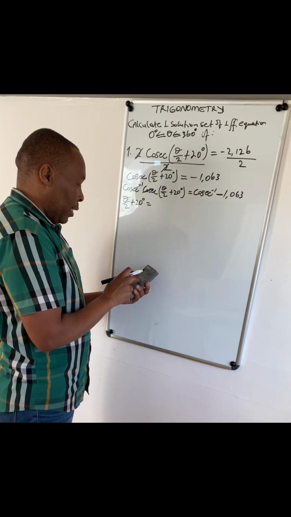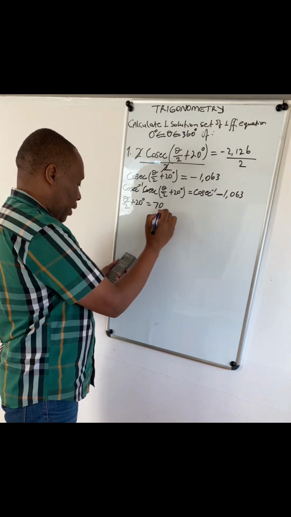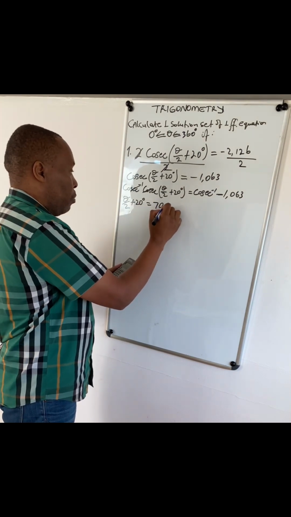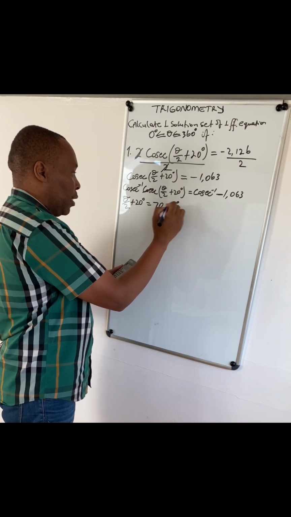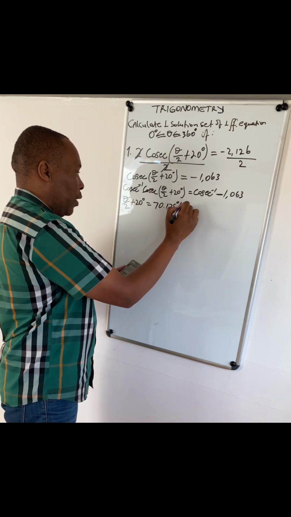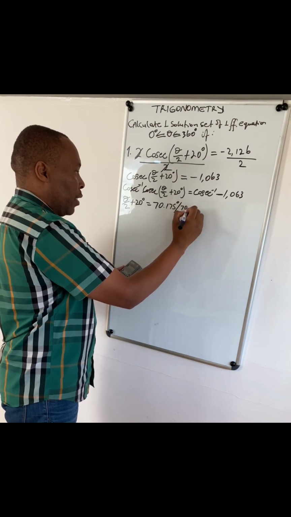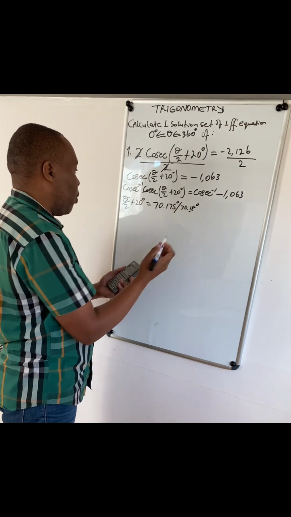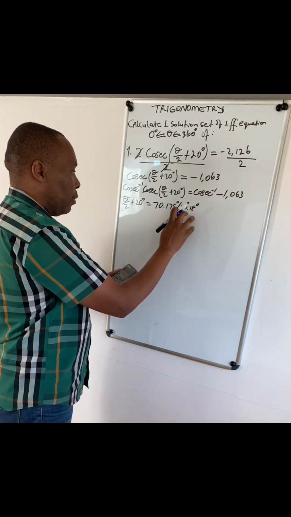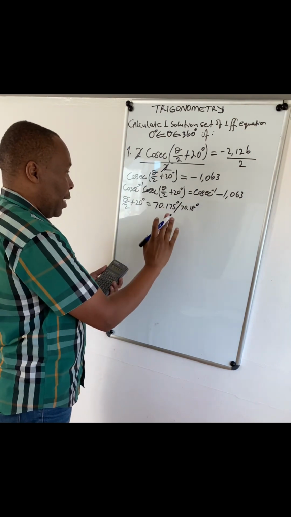We press sine, we get 70.175 degrees, alternatively 70.18 degrees. We'll use 70.18 degrees. So this is what we get.